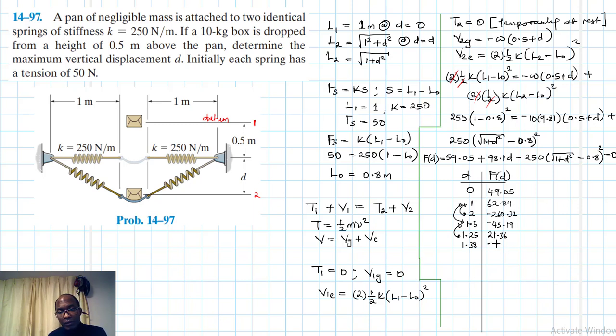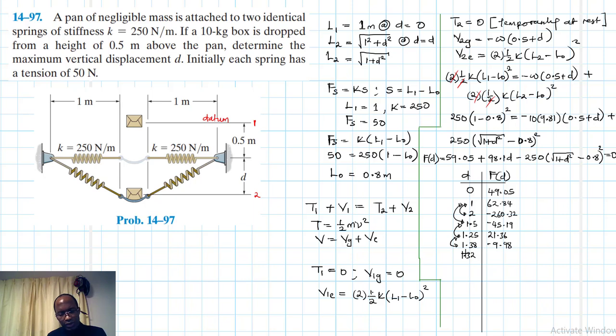So feeding in 1.38, this will have a minus 9.98. So again, smallest positive and negative, 1.38 plus 1.25, this will get a 1.32.